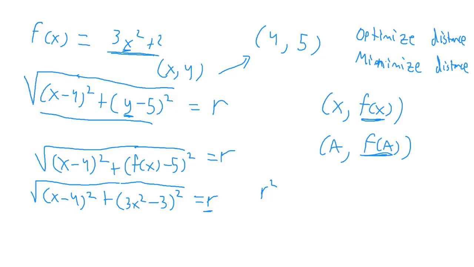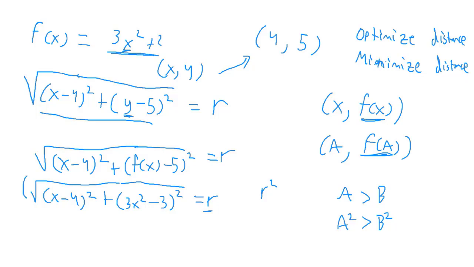If A is greater than B, then it's necessarily true that A squared is greater than B squared. So optimizing r squared is exactly the same as optimizing r when it comes to solving for our answer.